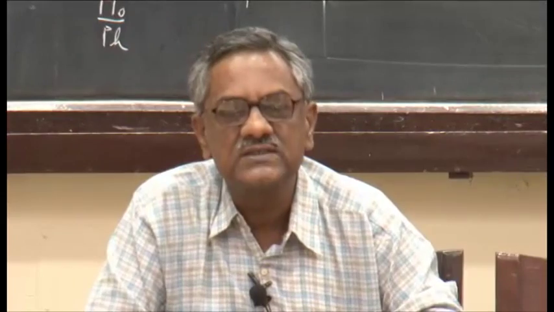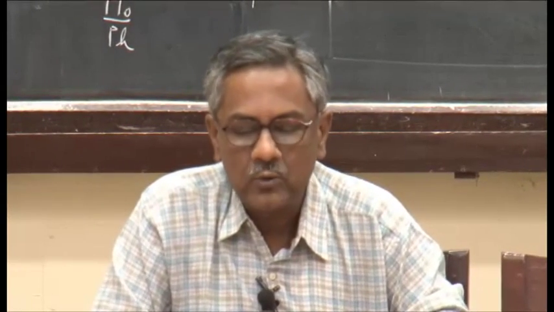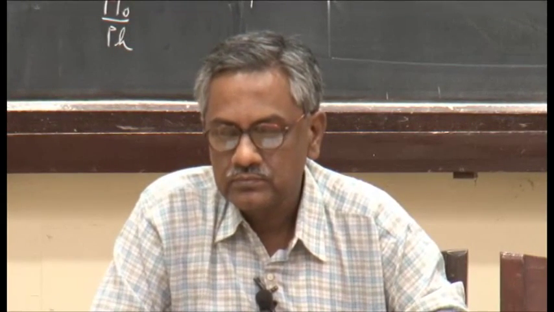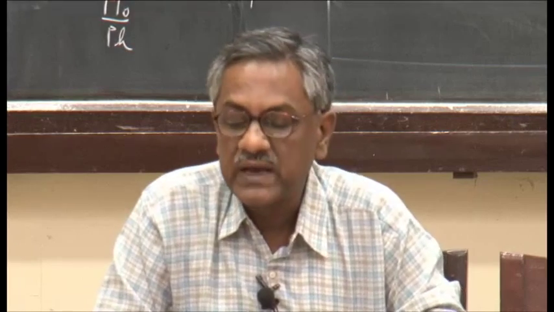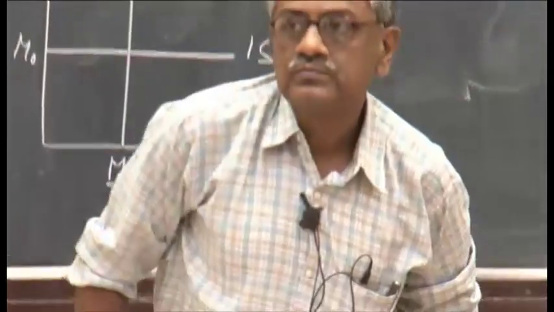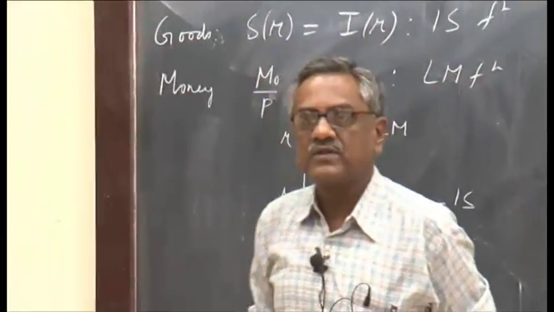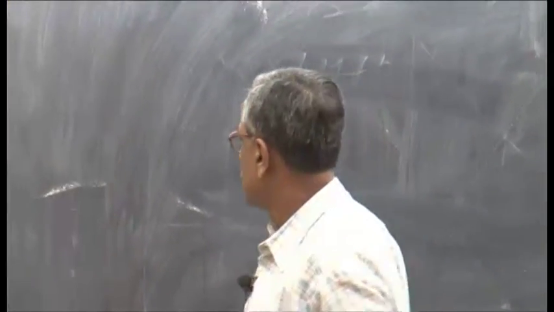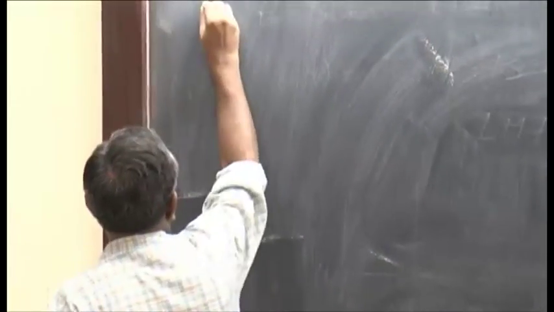So the Keynesian supply side is again quite complicated. So now what I begin today is to start talking about the Keynesian supply side, and then I will conclude that after the break. Okay, Keynesian supply function.